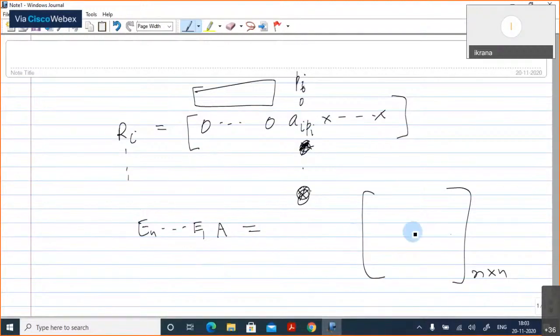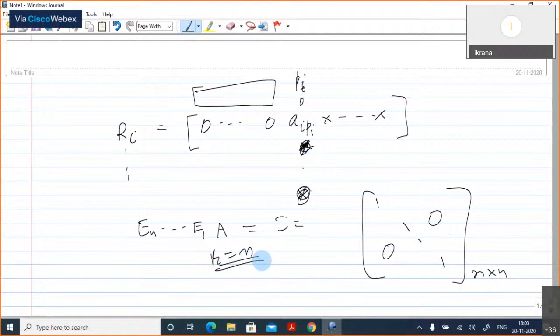If it is identity, that means along the diagonal there is 1 and everything else is equal to 0. That is one possibility. Then when will that happen? If the number of pivots r is equal to n, so P1, P2, P3, each row has a non-zero entry, that will look like identity.